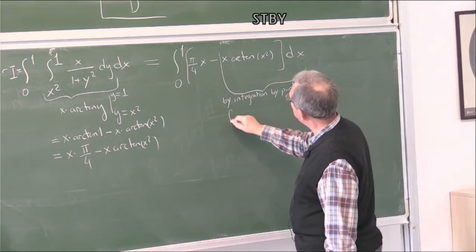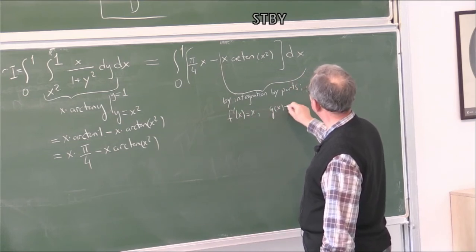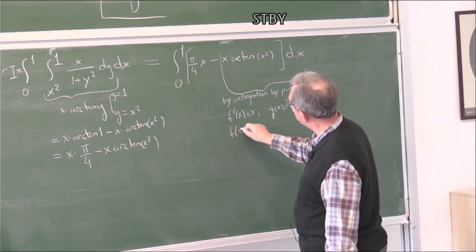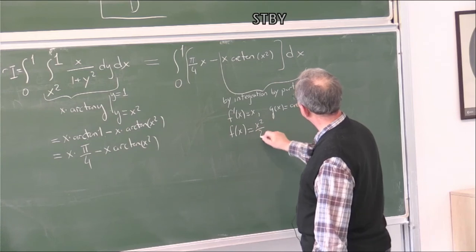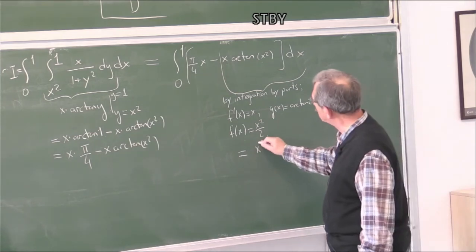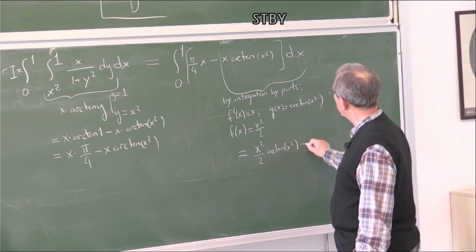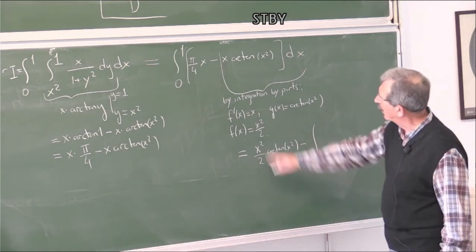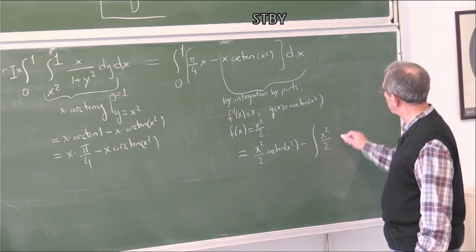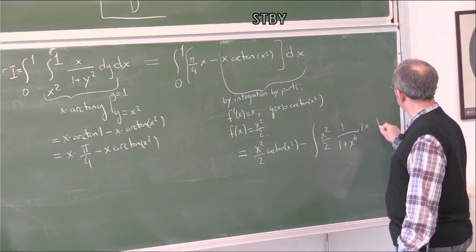So f prime is x, g is arctangent x squared. So f of x would be x squared over 2. So this would be, okay, f times g, x squared over 2, arctangent of x squared, minus, okay, f times g prime, this one.